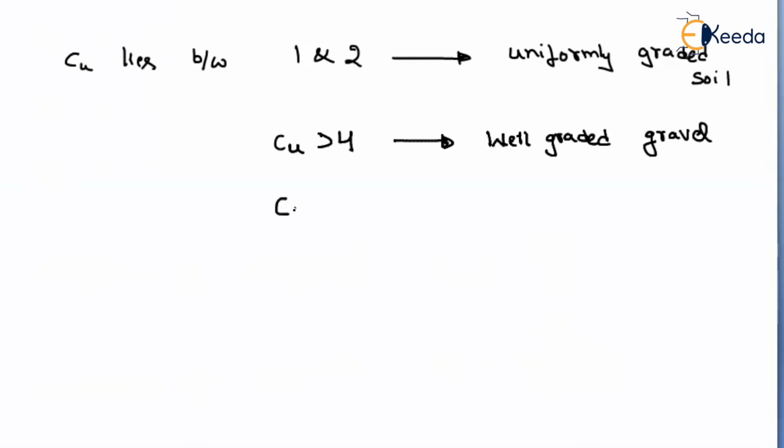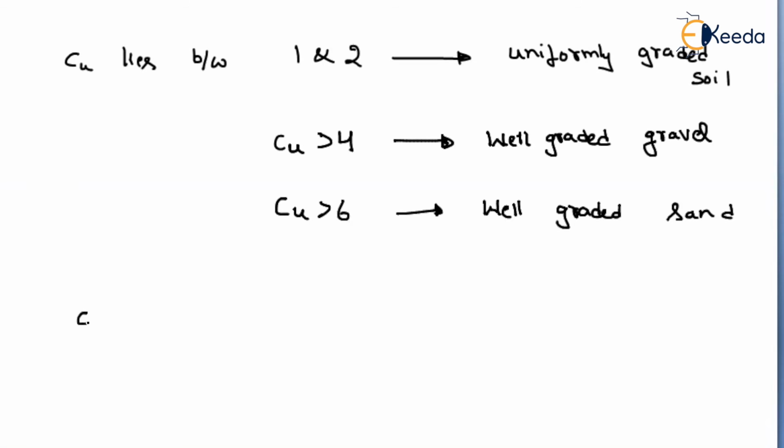Similarly, if your coefficient of uniformity is greater than 6, then we will call it well graded sand. That means if Cu is between 1 to 2, we call it uniformly graded soil. If Cu is greater than 4, well graded gravel. If Cu is greater than 6, well graded sand.